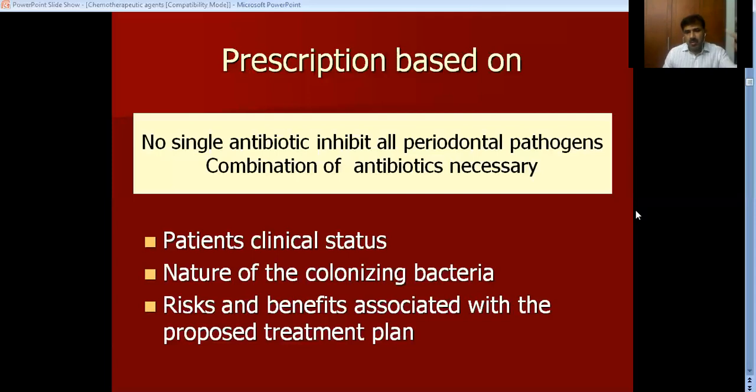Your prescription of an antibiotic may be based on the following things: the clinical status of the patient, whether he has any systemic diseases; what is the nature of the colonizing bacteria, is it gram-positive, gram-negative, motile bacteria, or a spirochete; and what are the risks and benefits associated with the proposed treatment plan.